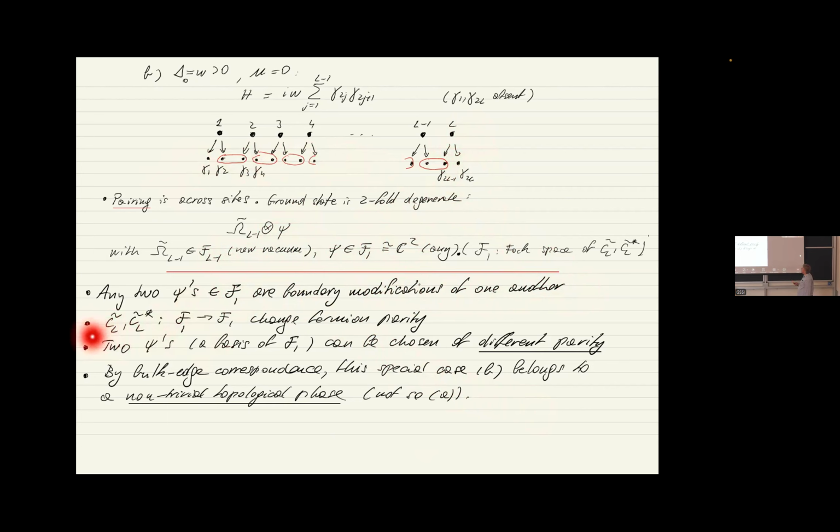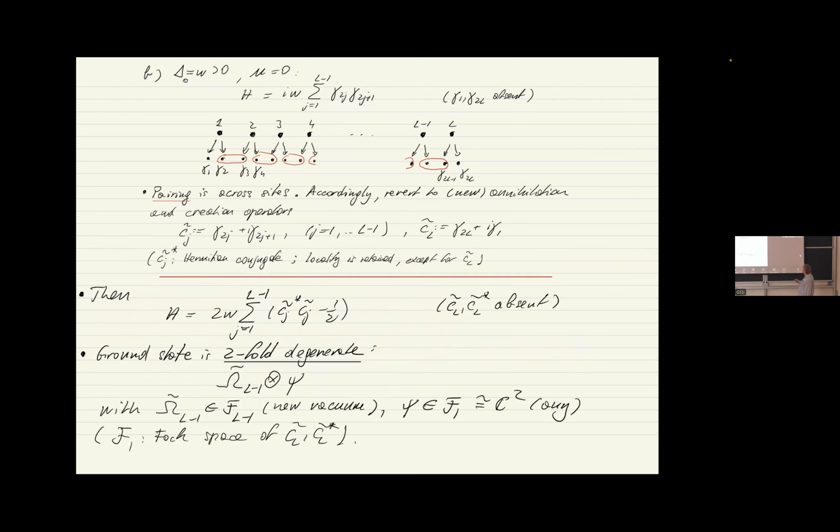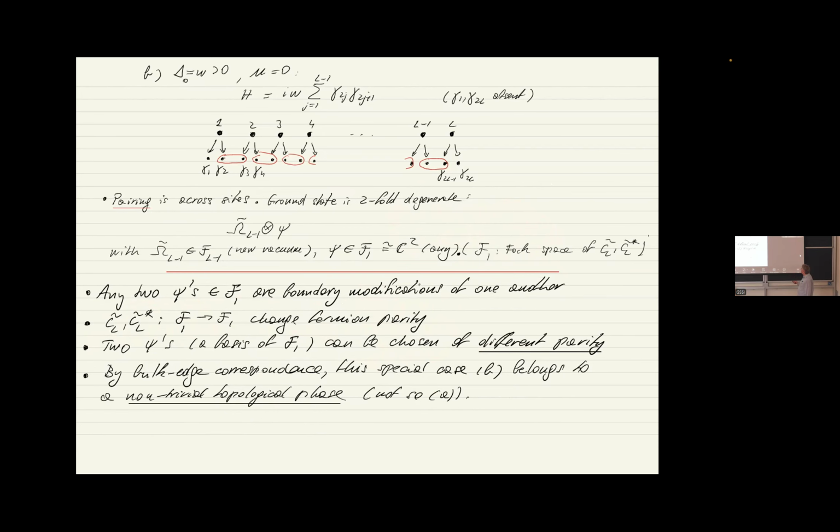Each of the C_L tilde, likewise C_L tilde star, changes the fermion parity, because why? They were constructed from the gammas in the usual way, and the gamma changes the fermion parity. So the C_L and C_L dagger also change it. I said dagger like a physicist, but it's star.